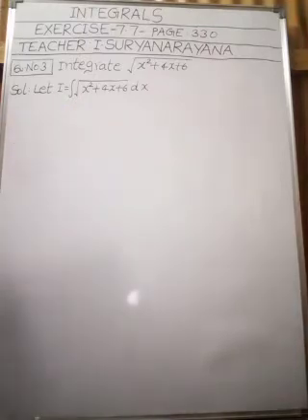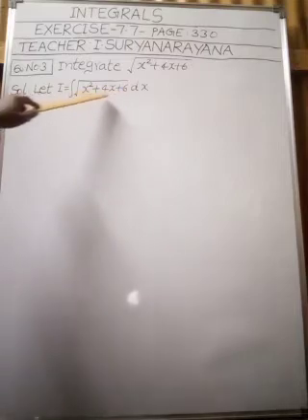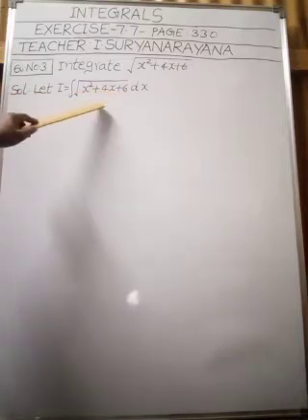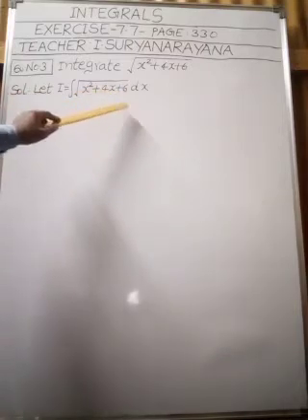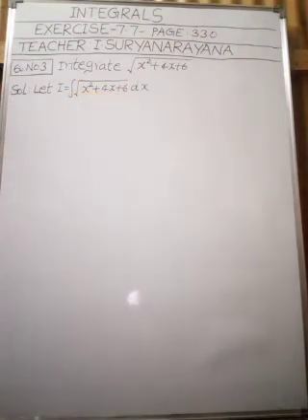Right. If you observe the function under the square root, it is a quadratic expression in x. So we have to convert this into any one of the standard integrals: integral root of x square plus a square dx, or integral root of x square minus a square dx, or integral root of a square minus x square dx. We have to convert this function into any one of these three. Okay, my children? Right.